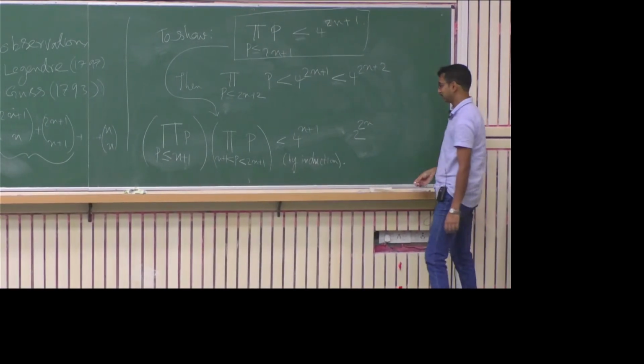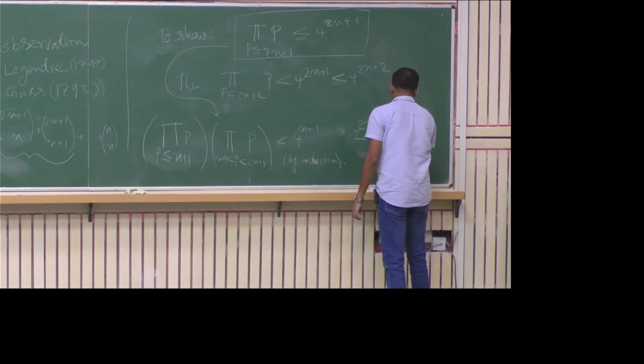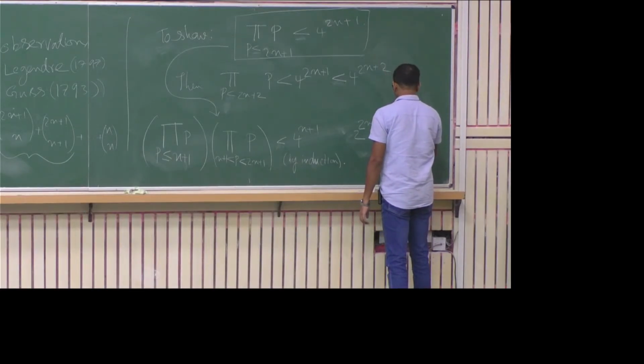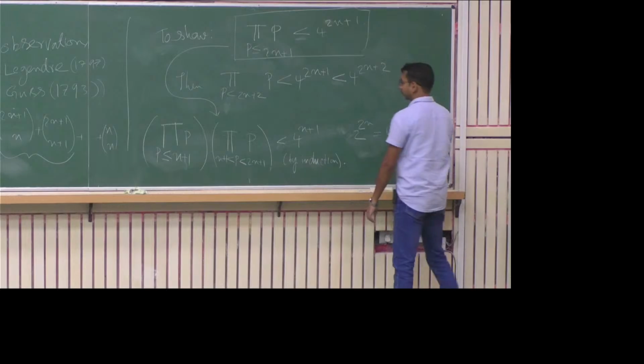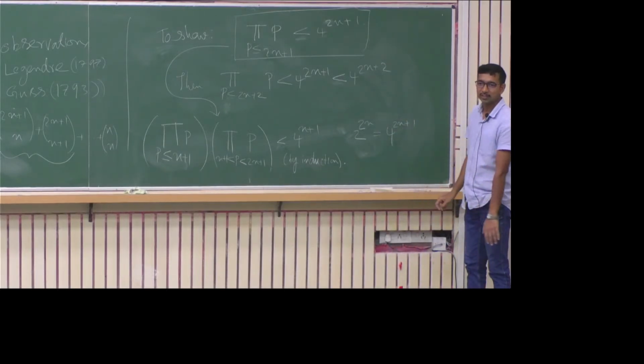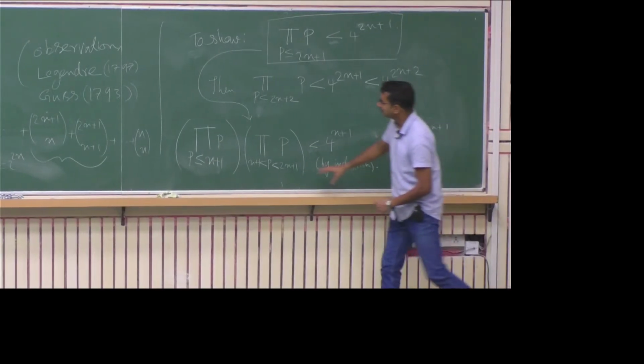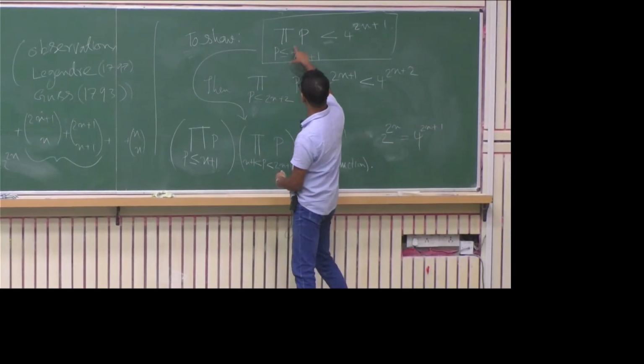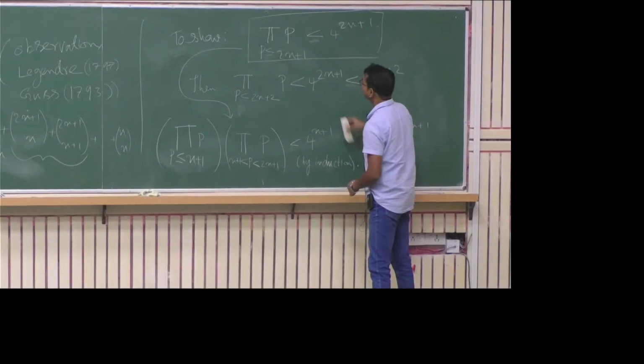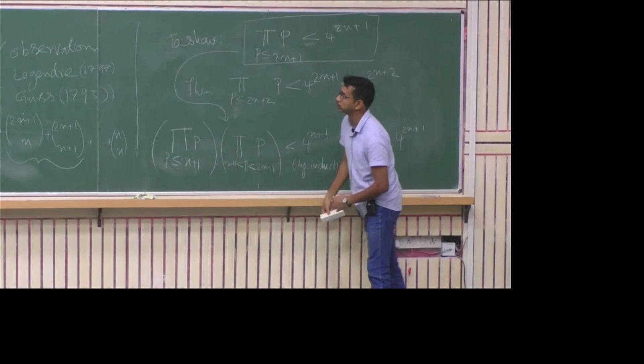So you have this, and this is equal to 4 power n plus 1. Okay? And that completes the induction step, because this product is just equal to the product of all the primes up to 2n plus 1.